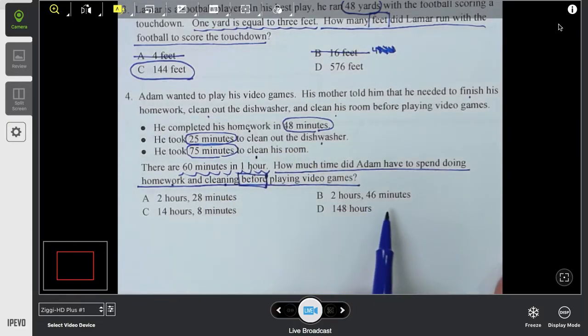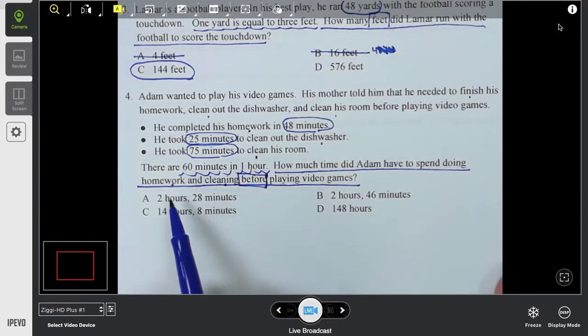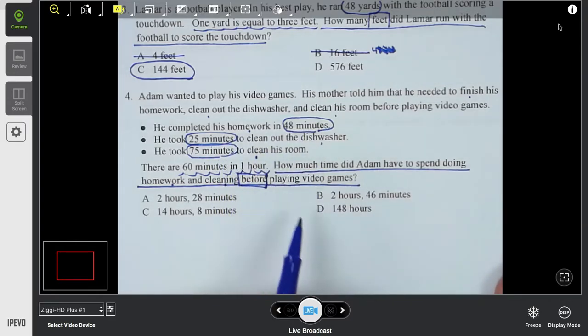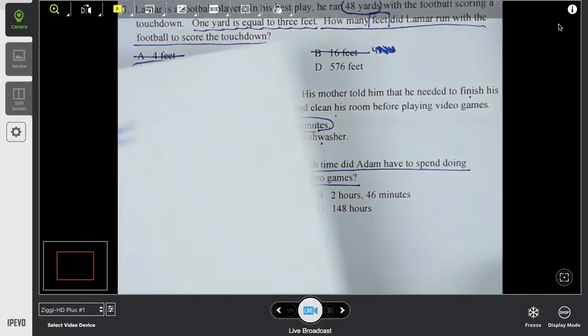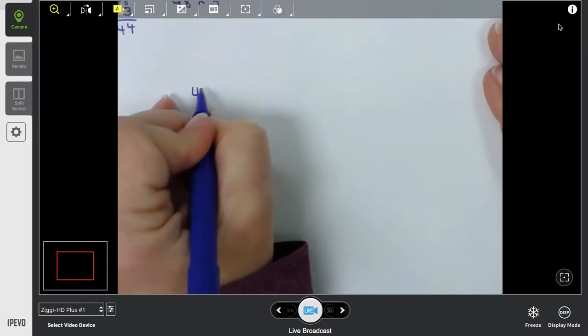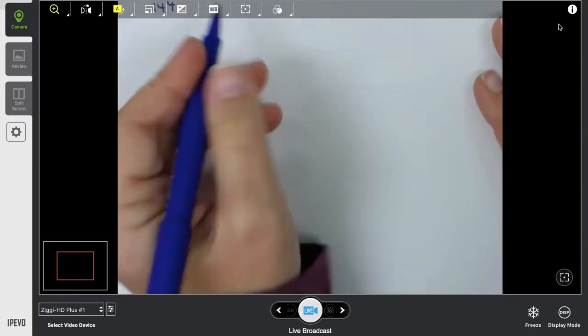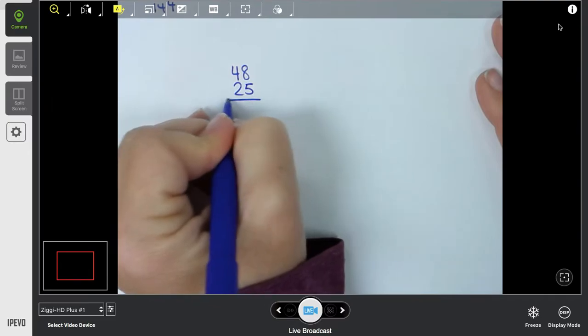And if you look down here, you'll notice the conversions are split to hours and minutes and hours. So we're going to have to take these minutes, and after we add them together, put them in the form of an hour as well. So let's just start out by putting all of his time together. We have 48 minutes, 25 minutes. I'm going to put those 2 together first.